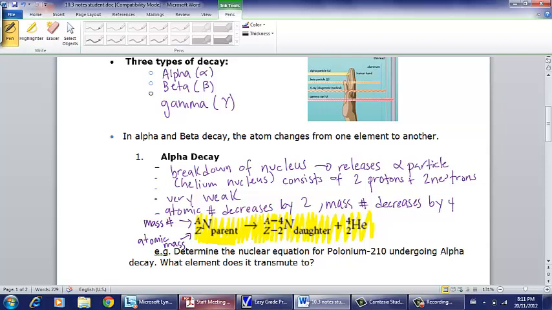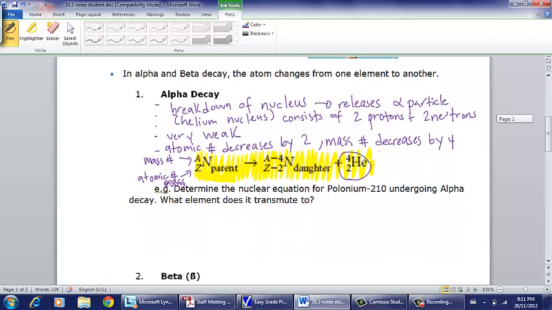So whatever the parent nucleus was, the symbol, and then you're going to have your mass number and your atomic number. The daughter nucleus, the mass is going to be A minus 4 because the mass decreases by 4, and the atomic number would decrease by 2. And you also have to show that you've emitted a helium nucleus.